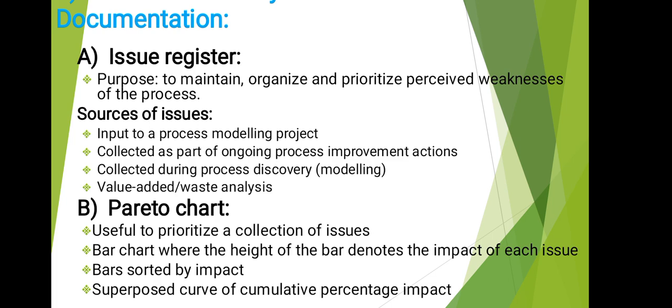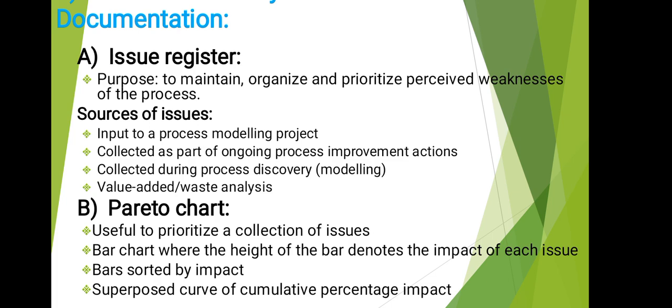For example, by this Pareto chart, we can identify the problems, and if we solve that problem, it gives us a big payoff. As a general example of the Pareto principle, it says that 80% of sales come from 20% of the clients. So this is about the Pareto chart.